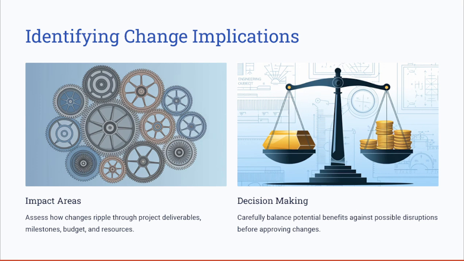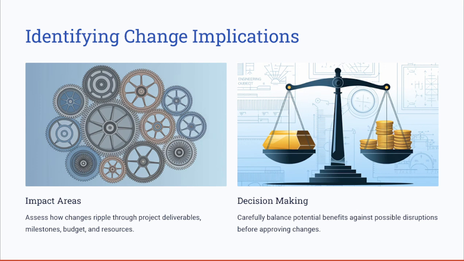You also need to identify whether the implication of this change is a short term versus long term impact, so you need to assess that as well. Based on your assessment and your understanding of the change implication on the broader picture of the project, short or long term, you can take a decision and ensure balancing the benefits versus the potential disruptions.